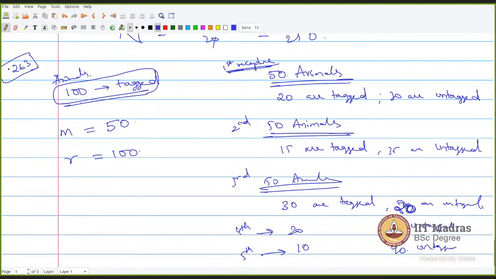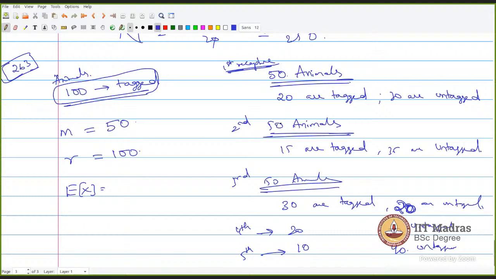Yeah, it's 263. Expected value is 19. Sample mean is 19. Now this time, what changes is this expected value, the expected value of the number of animals that are tagged. So what is that expected value?